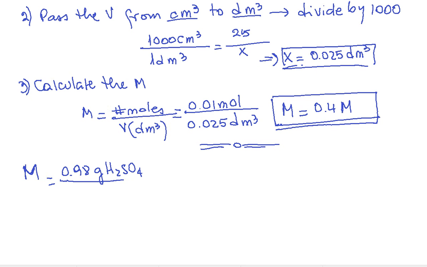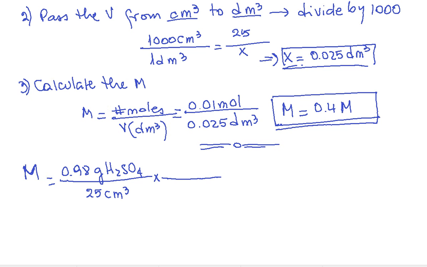And instead of the volume in liters, we have 25 centimeters cube. How can you do this to express, instead of grams per centimeters cube, we have moles and decimeter cube? Well, actually, you can do it with dimension analysis.